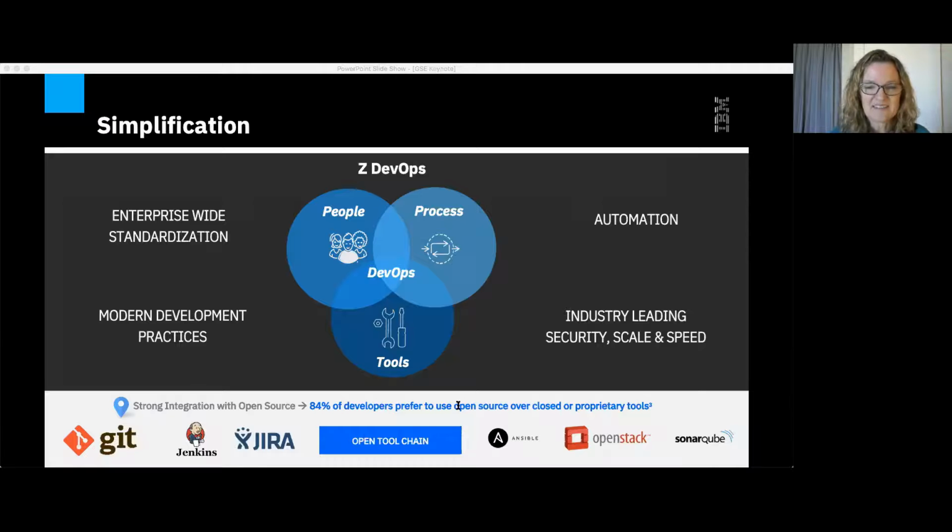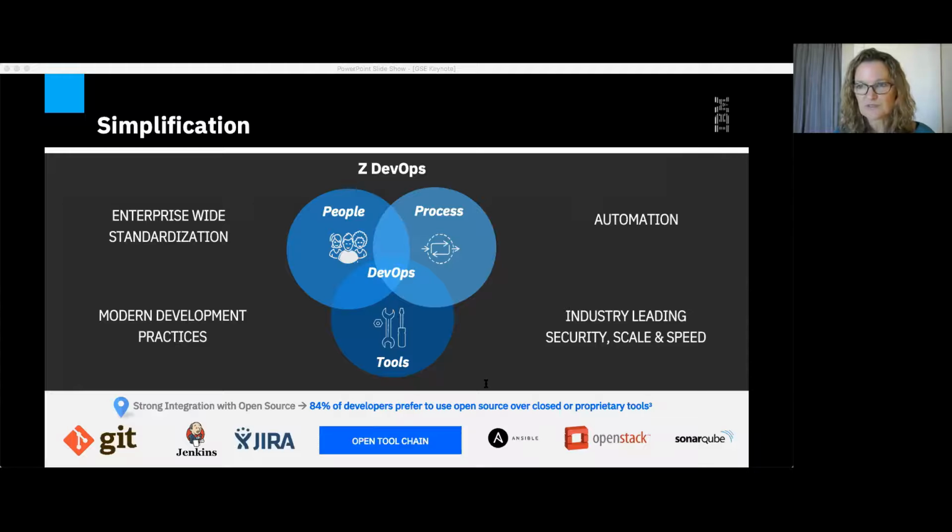There's enterprise-wide standardization, end-to-end cross-platform delivery pipeline solutions that integrate all of the open source and third-party tools, allowing you to balance between open source as well as enterprise tooling. Some of the open source and third-party tooling and integrations are listed at the bottom of the slide: Git, Jira, Jenkins, right? Just to name a few.